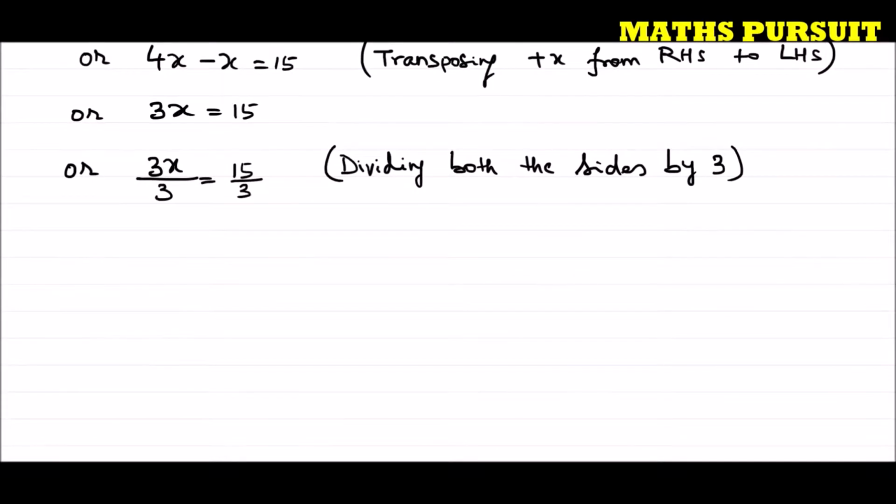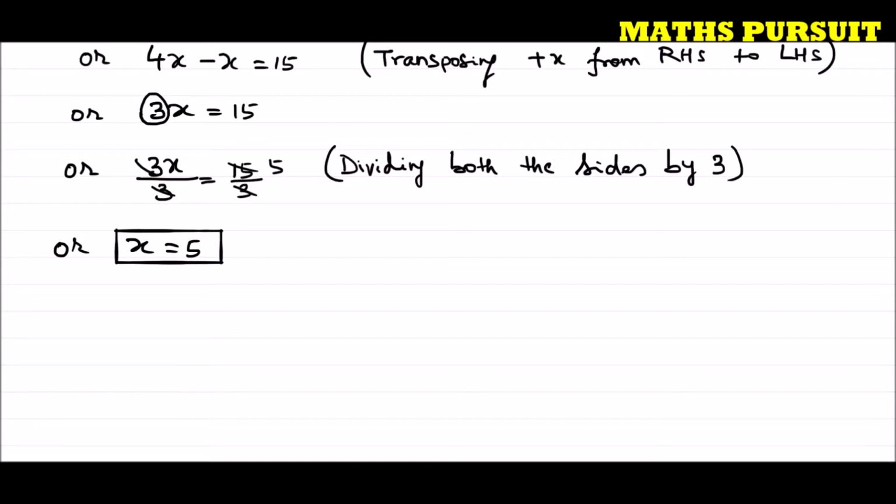In order to eliminate this 3 from x, so that I can find out the value of x. If I am dividing the left hand side of the equation by 3, I should also divide the right hand side of the equation by 3. So x is equal to 5. How? These 3 cancel out. 3 fives are 15. So we got x is equal to 5.